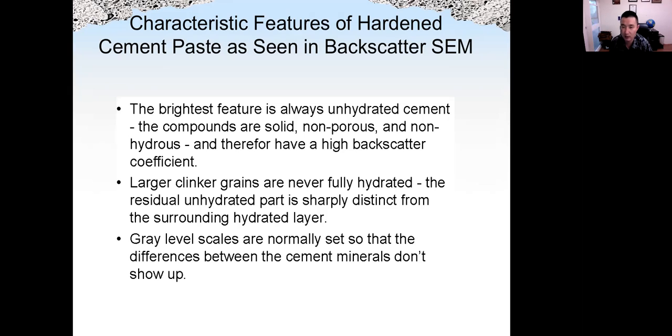The brightest color is unhydrated cement, the second brightest is the calcium hydroxide, and the darkest color is the empty space. And we can change the gray level so we can see the difference between cement minerals.